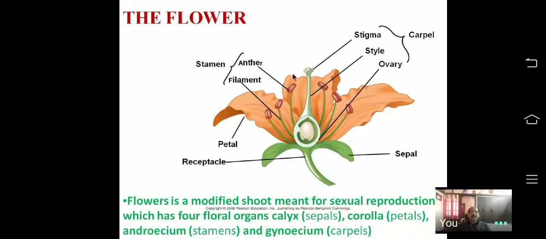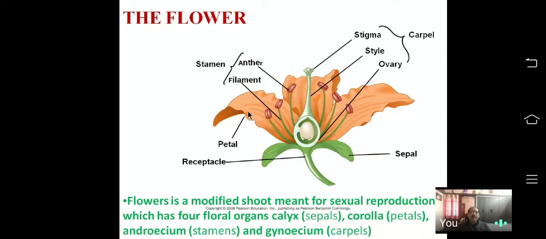These are the different parts of the typical flower. Of the four whorls, calyx and corolla are called non-essential whorls, whereas androecium and gynoecium are called essential whorls, because in the absence of androecium or gynoecium, reproduction cannot take place.